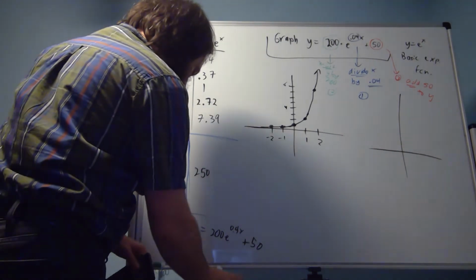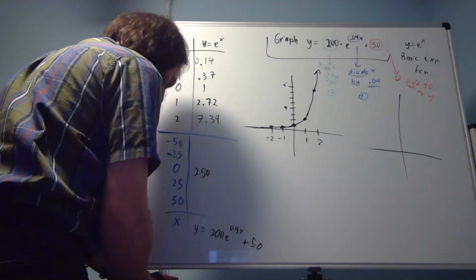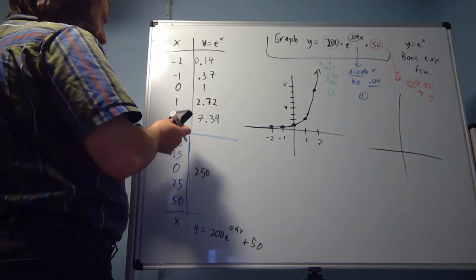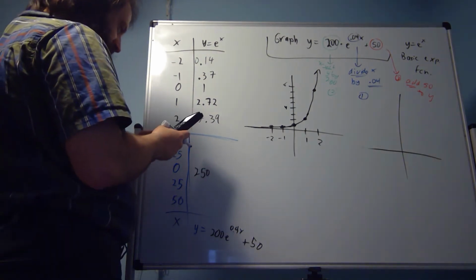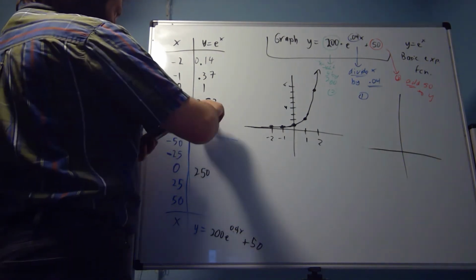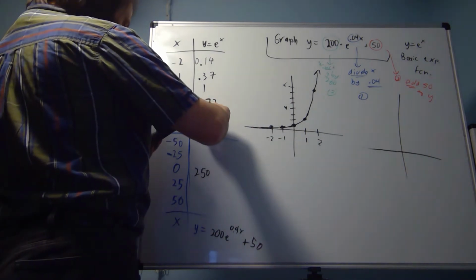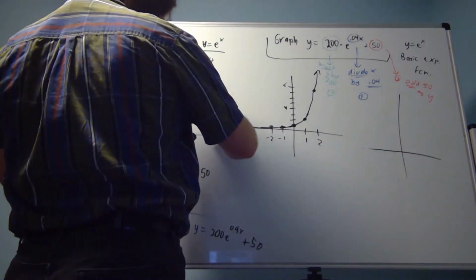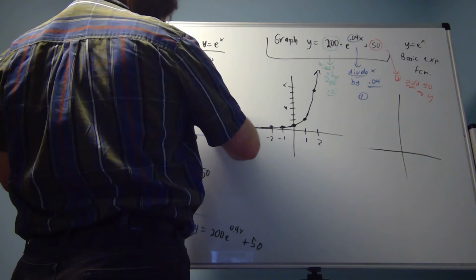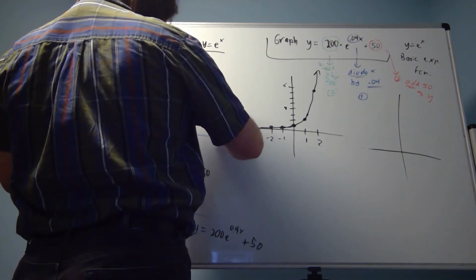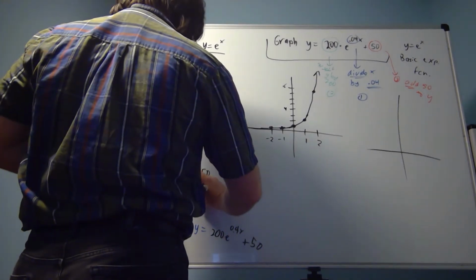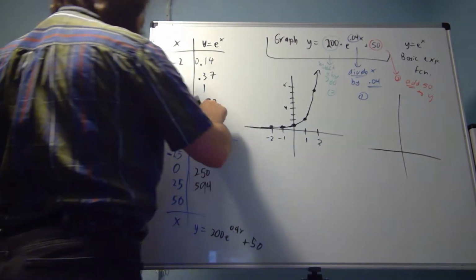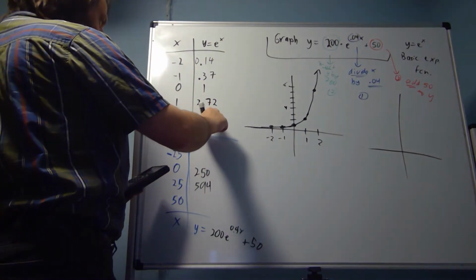These numbers are decimals, and I'm going to need a calculator for the other ones. So this one I multiply by 200, I get 544, basically 594 after I add that last 50. So times 200 plus 50.